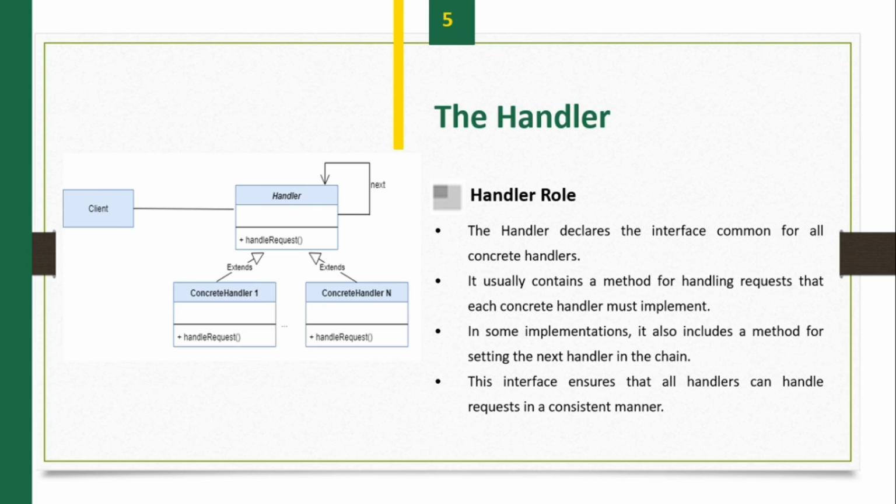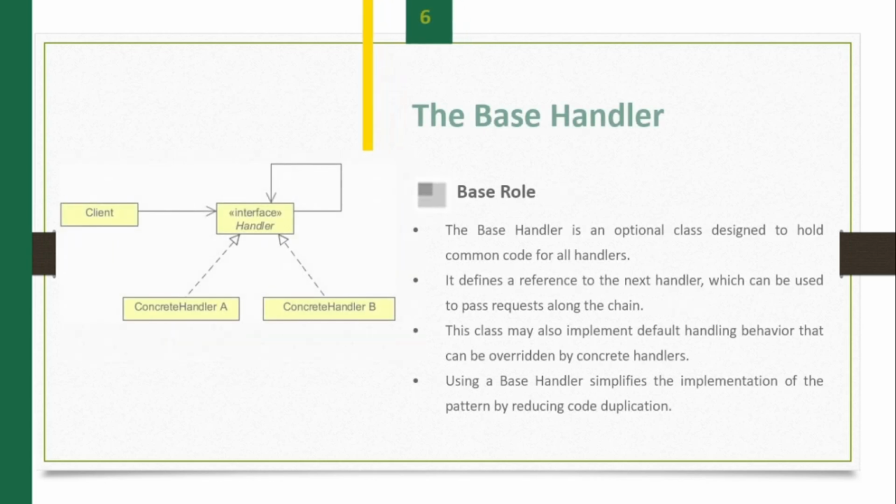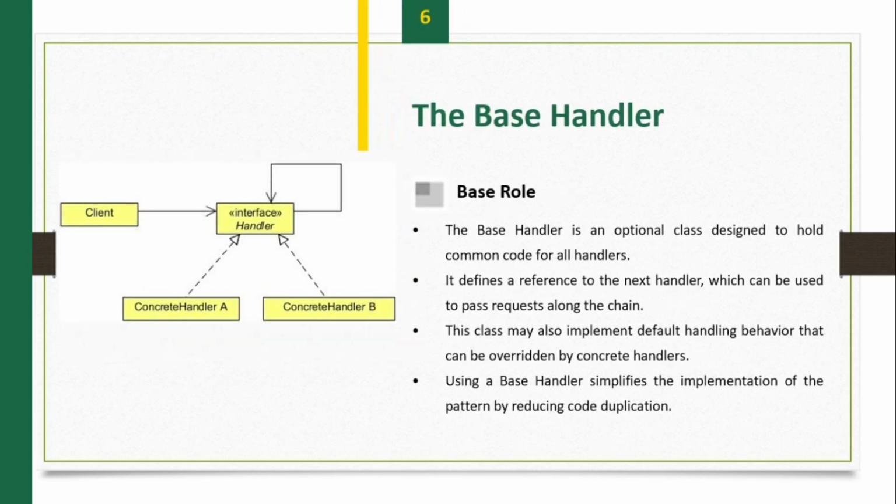The base handler class is an optional component in the chain of responsibility pattern, intended to encapsulate common functionality shared among different handlers. It typically defines a reference to the next handler in the chain, allowing seamless passing of requests along the chain.